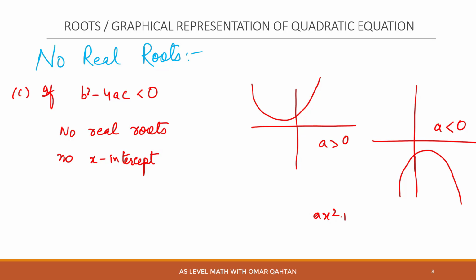So for the equation ax squared plus bx plus c equals 0, in both cases it would be either always positive or always negative. You need to keep that in mind. No real roots, no x-intercept. This is the condition for no real roots.